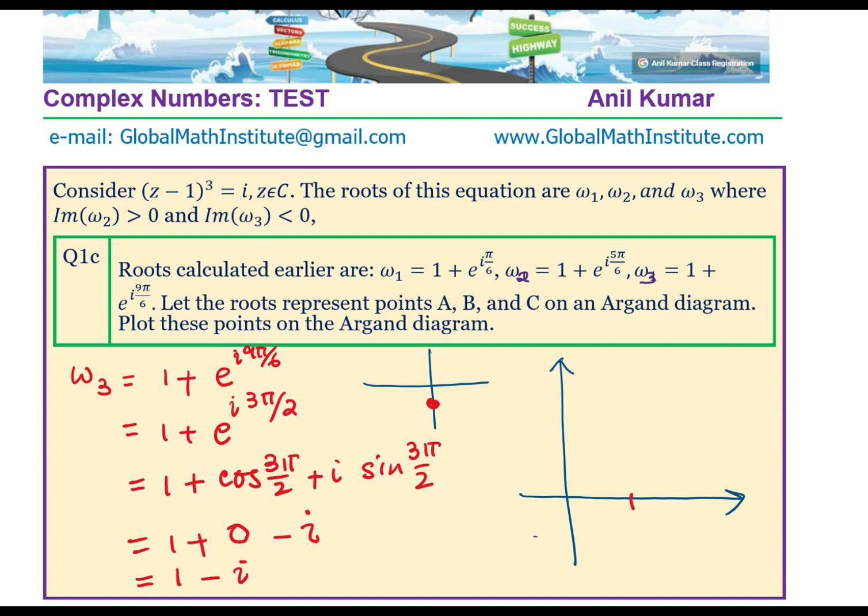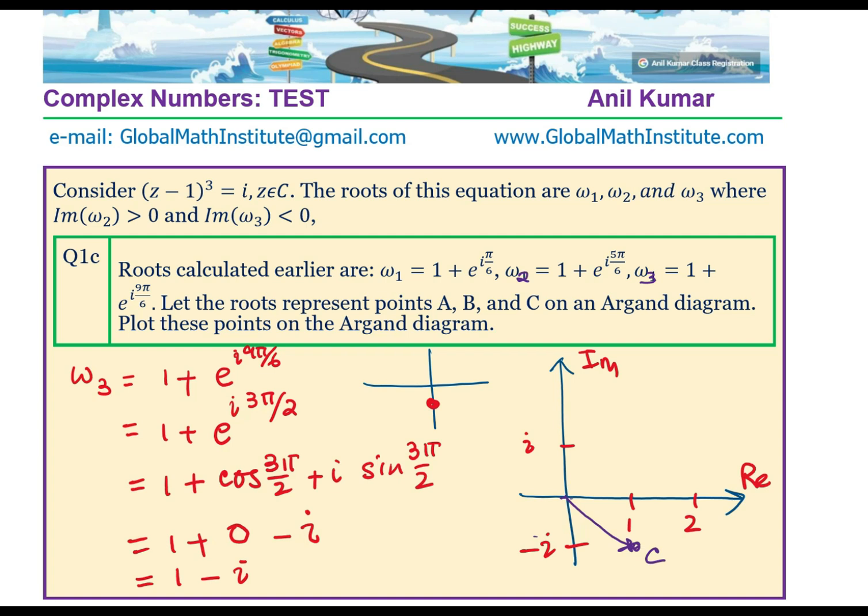It's very simple: 1, 2 on the real axis, imaginary i and minus i, and you have 1 minus i right there. So that's point C, which represents omega 3.